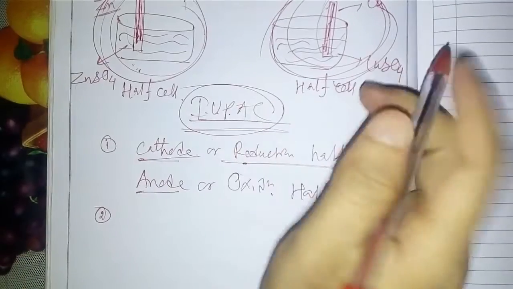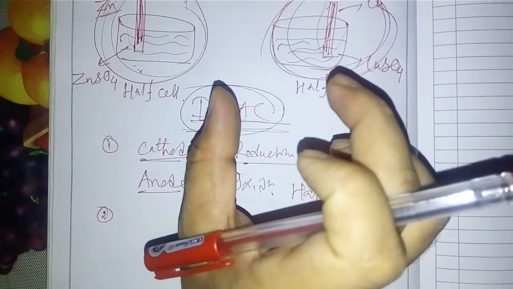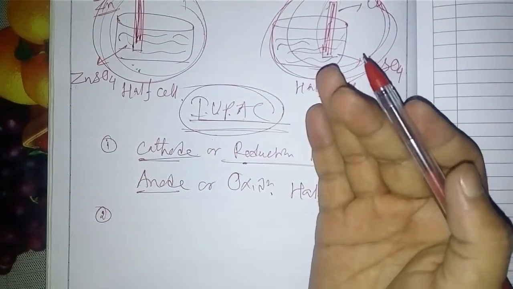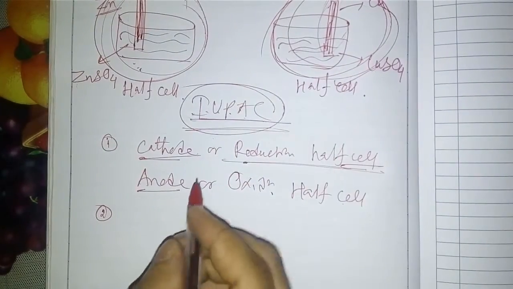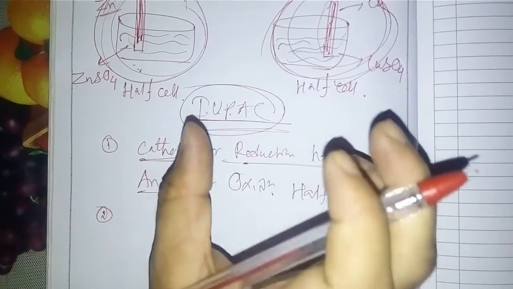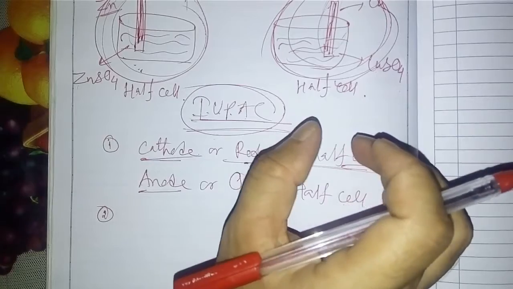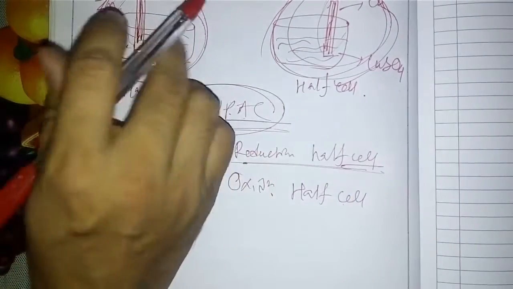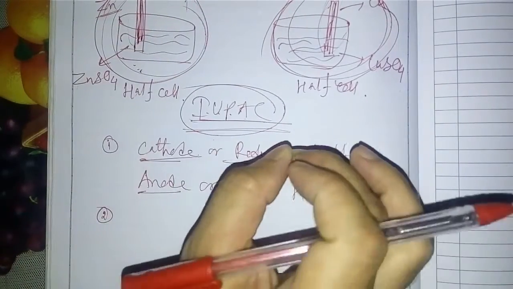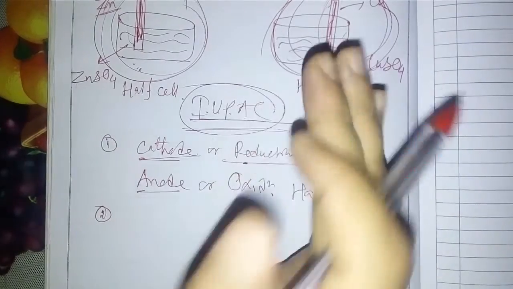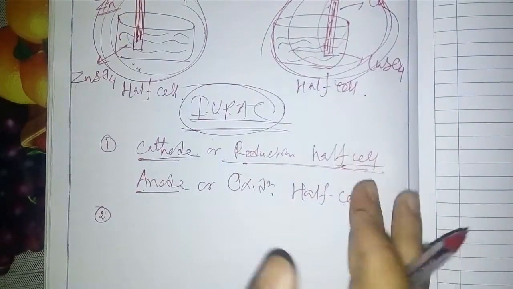Second point: to express the oxidation half cell or anode, the symbol of the metal is written first, followed by the formula of the electrolyte.